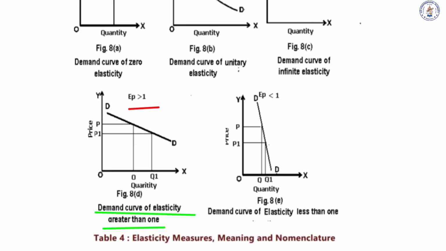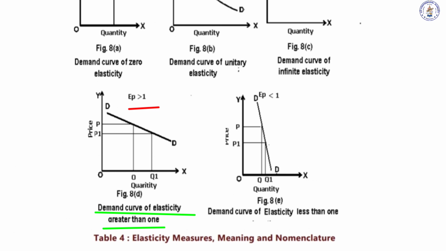Next is elasticity greater than 1. What is greater than 1? When does it happen? When the quantity demanded changes by a larger percentage than the change in the price. This is said to be highly elastic, and the numerical value is more than 1 but less than infinity. That is explained in figure number 8D.